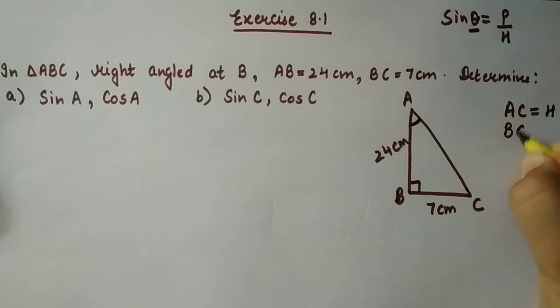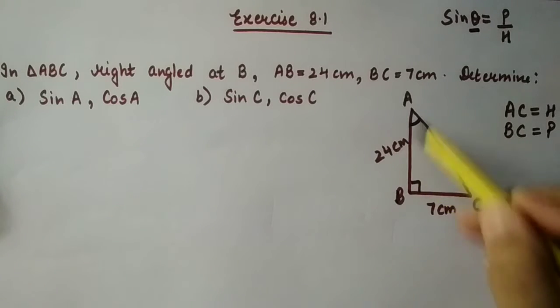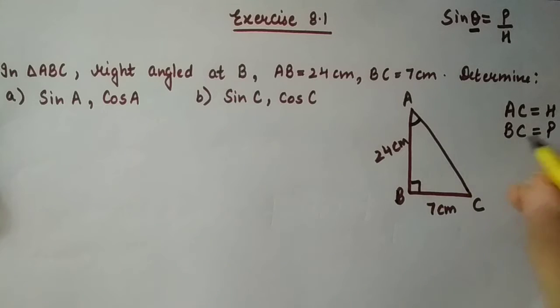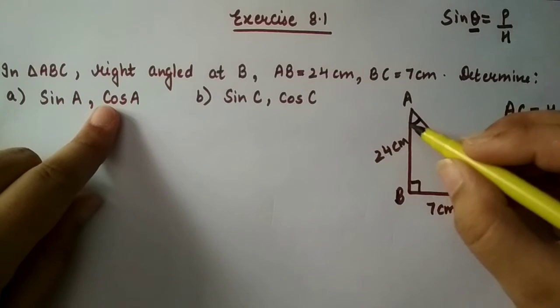So BC is our perpendicular. And the side adjacent to angle A is called base. So AB is our base.